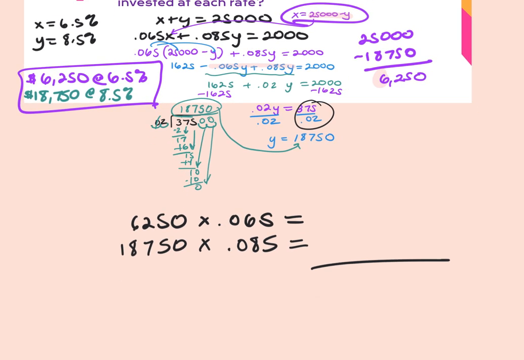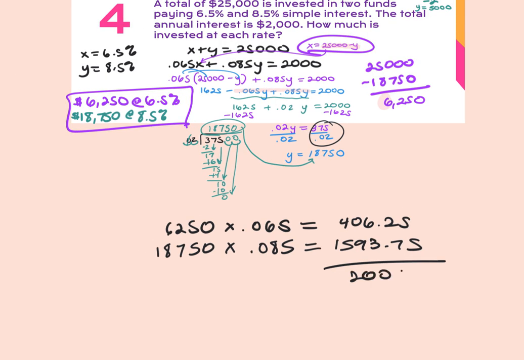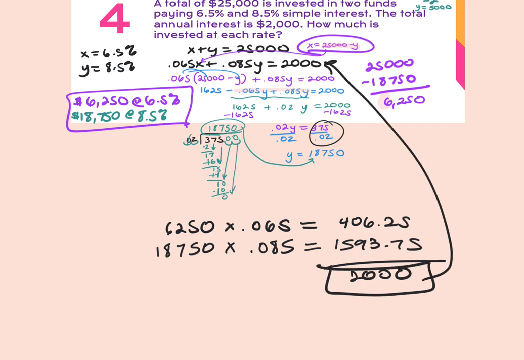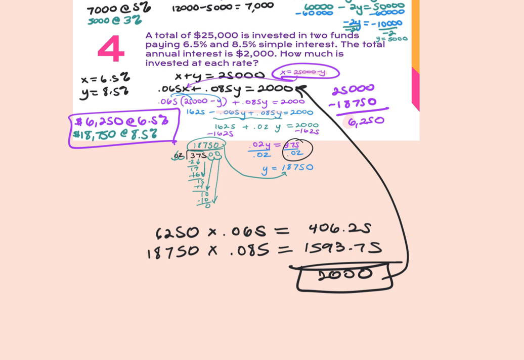So 6,250 times 0.065 is 406.25. 18,750 times 0.085 is 1593.75, and if I add those two together, I get, wait, I just did it wrong. Sorry, thank you. 2,000, which matches the total interest, not the 25,000. Questions? So my answer is this, and again, that was just us checking at the end. You don't have to check it, but it's an easy way to make sure you're right.